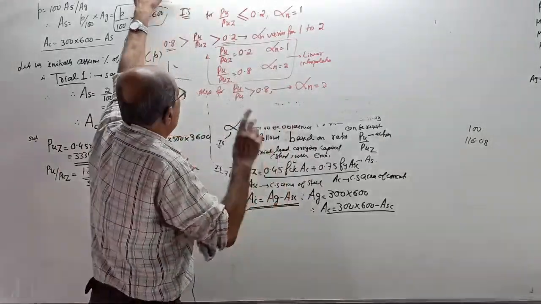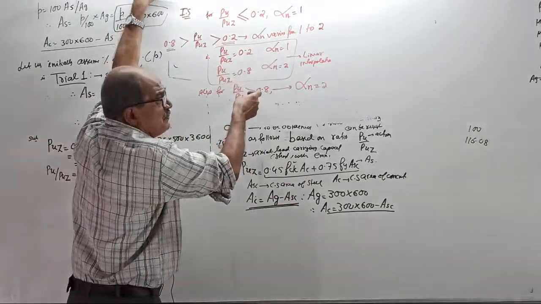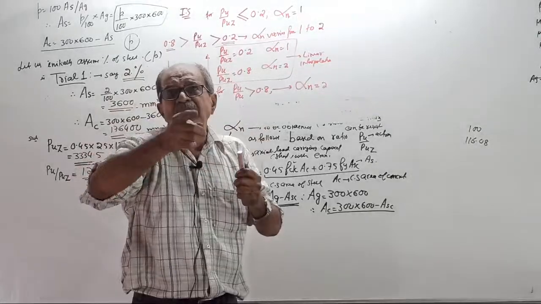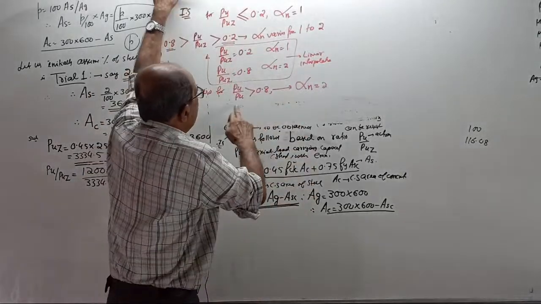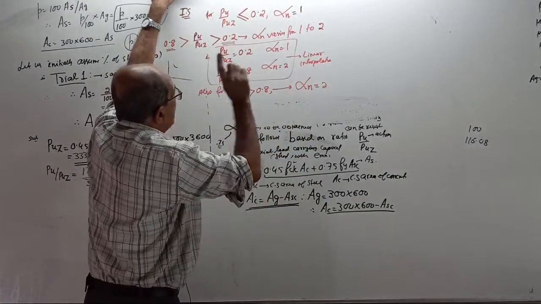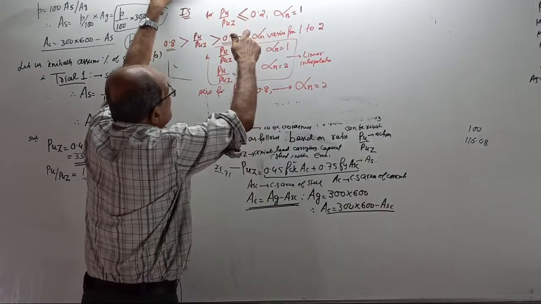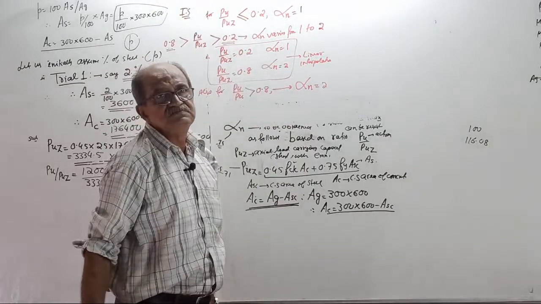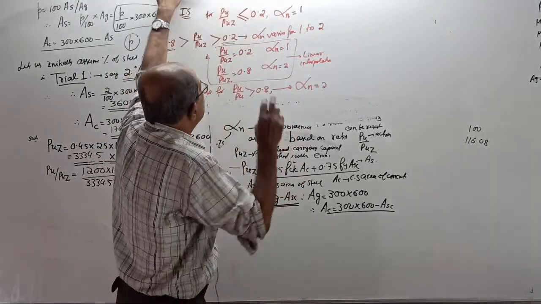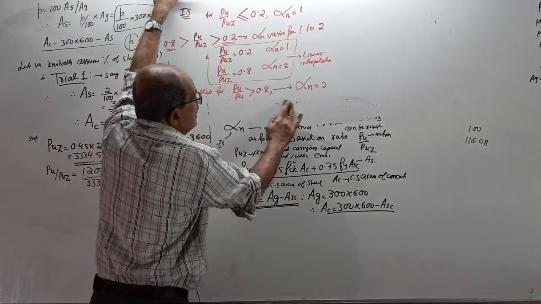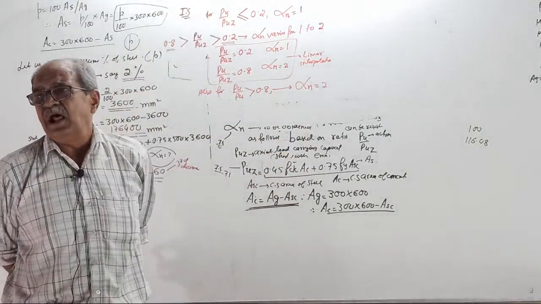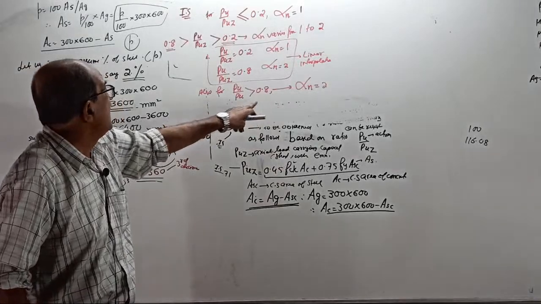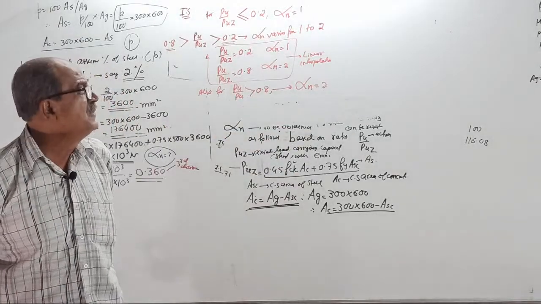Also, if your PU by PUZ comes more than 0.8, that is, load is very predominant, then they take alpha n equal to 2. But if your PU by PUZ comes in between 0.2 and 0.8, then you interpolate from 1 to 2. Fully clear or not? This is permanent now. Take a screenshot.